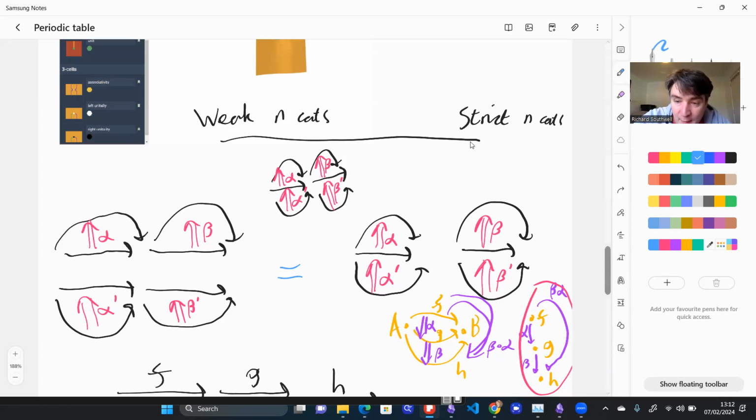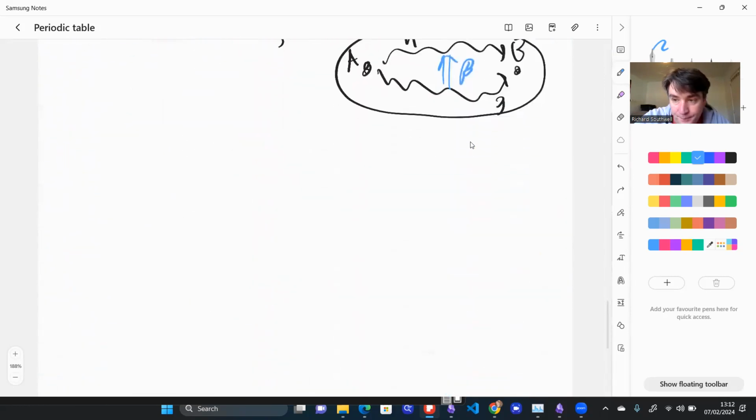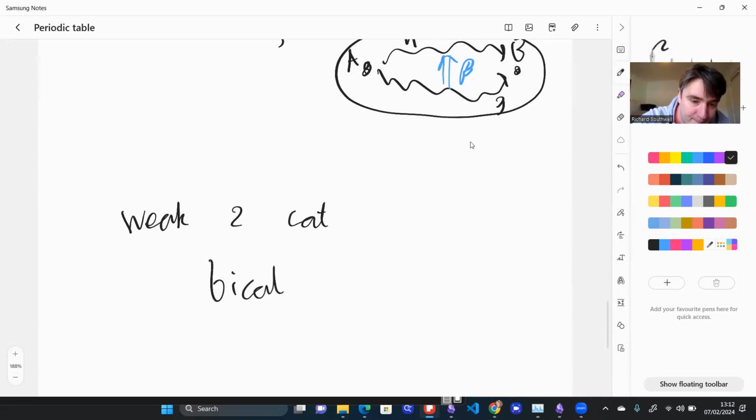But basically, the idea of weak n categories, well, a weak 1 category is just a 1 category. A weak 2 category is what you call a bicategory.